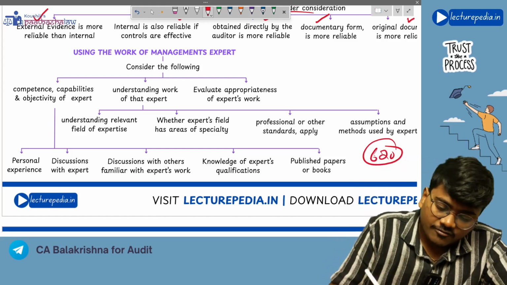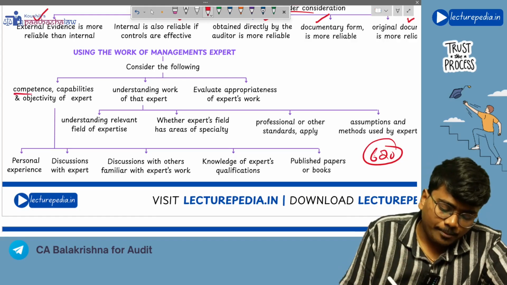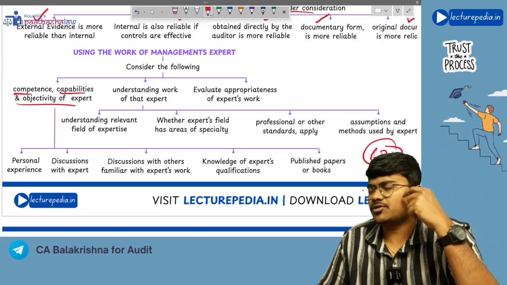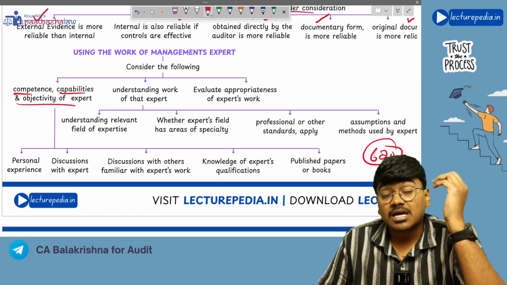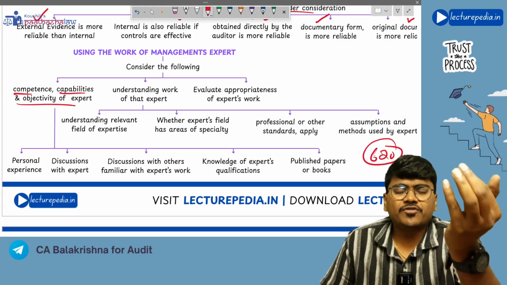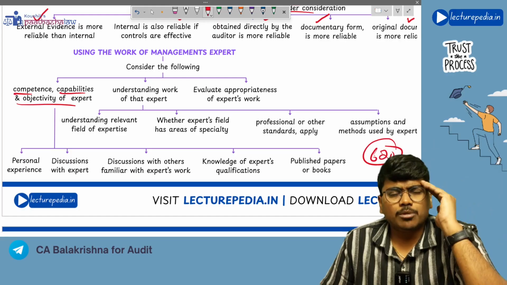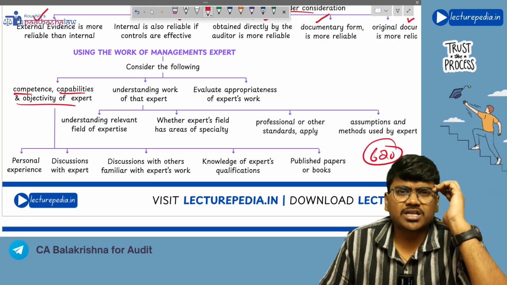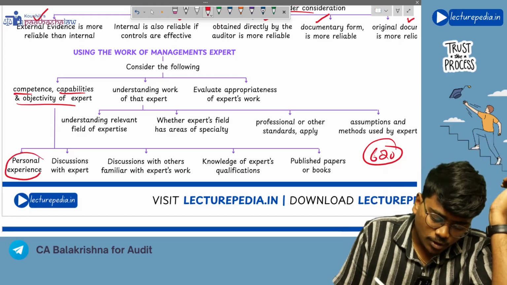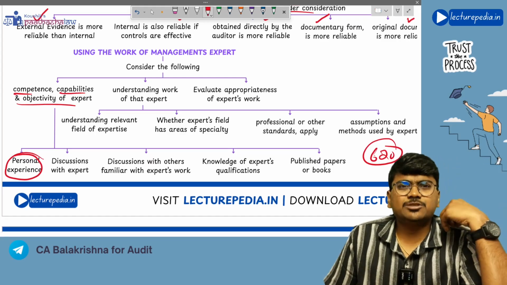Let us see. First one, you need to consider the competence, capability, and objectivity of that expert. Competence means the capability and knowledge of that particular expert. How can you know about the competence and capability of the expert? Through professional or personal experience.